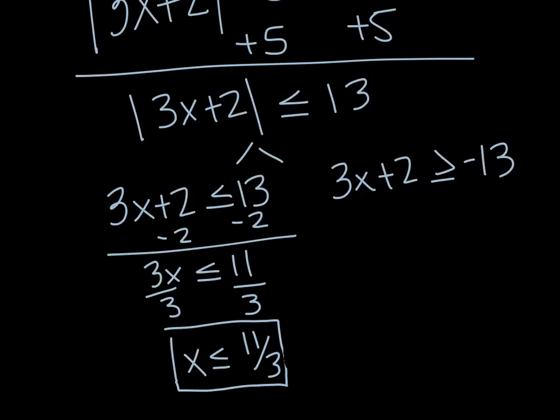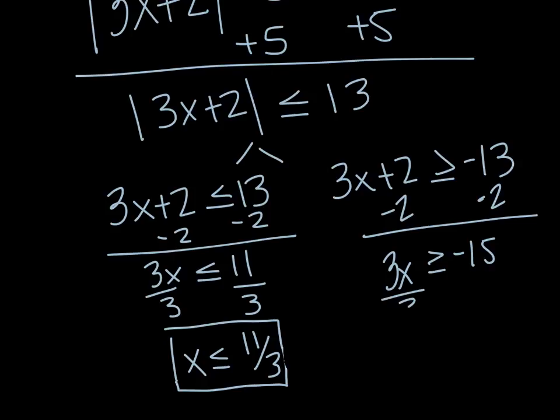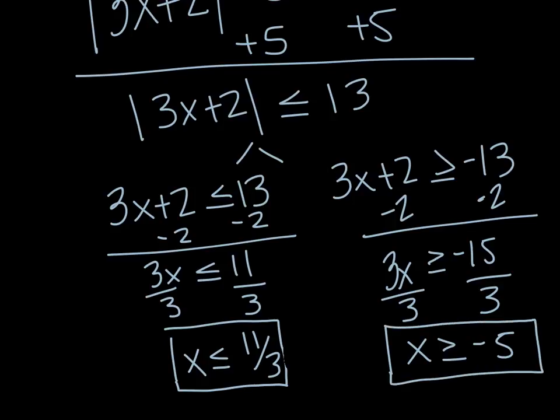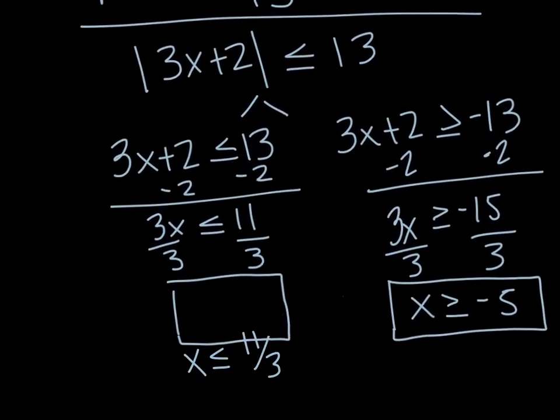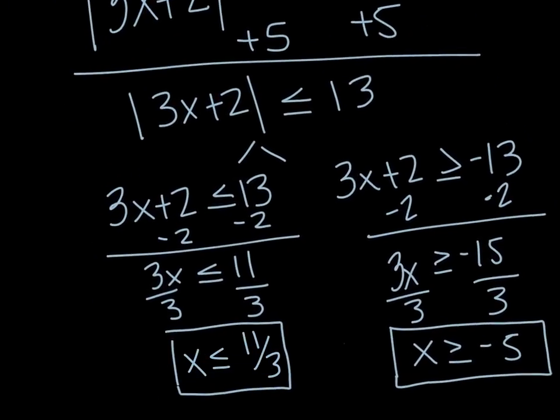So you're going to do the same steps, but because you have a negative number, you should get a different solution. So we get 3x is greater than or equal to negative 15. Divide by 3. And get x is greater than or equal to negative 15 divided by 3, which is negative 5. So those would be your 2 solutions for this inequality.